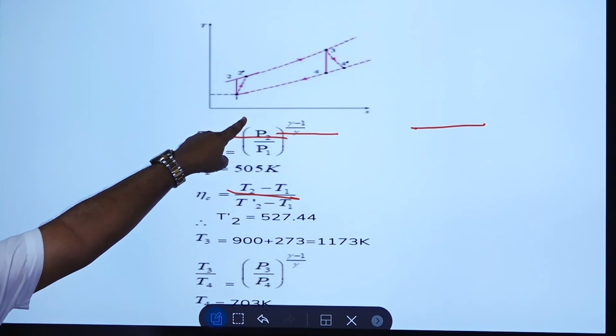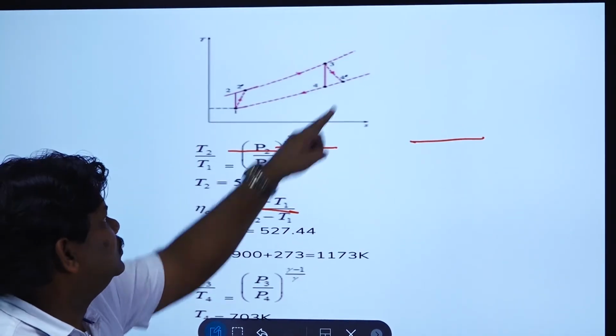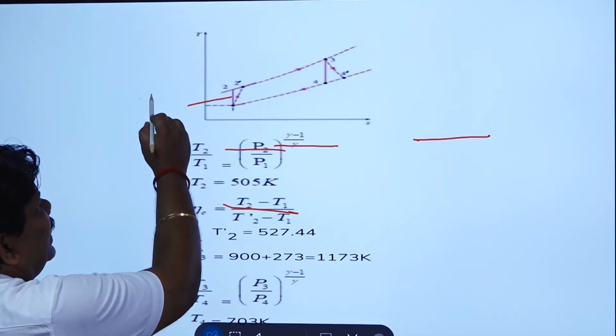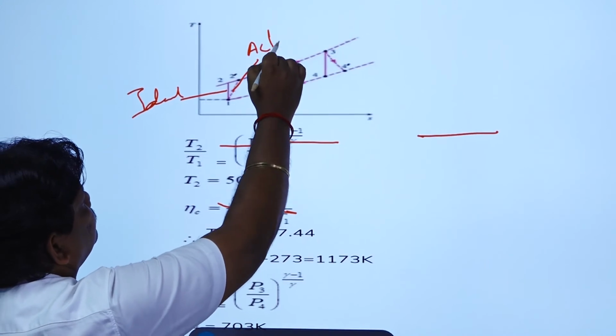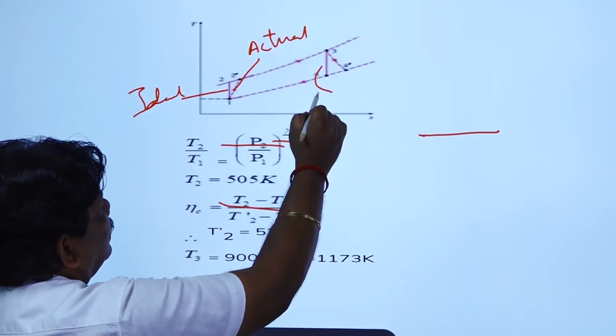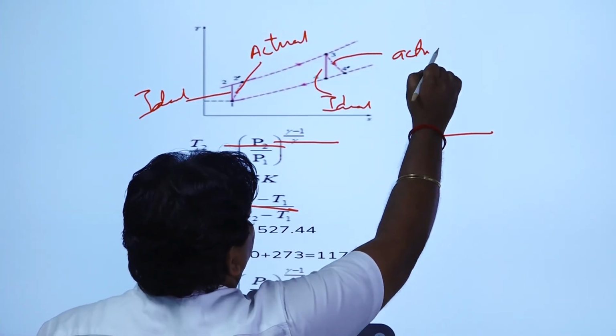The same I have drawn earlier, 1 to 2, 1 to 2 dash, and 3 to 4, and 3 to 4 dash. So this is ideal and actual. And similarly here it is ideal and here it is actual.